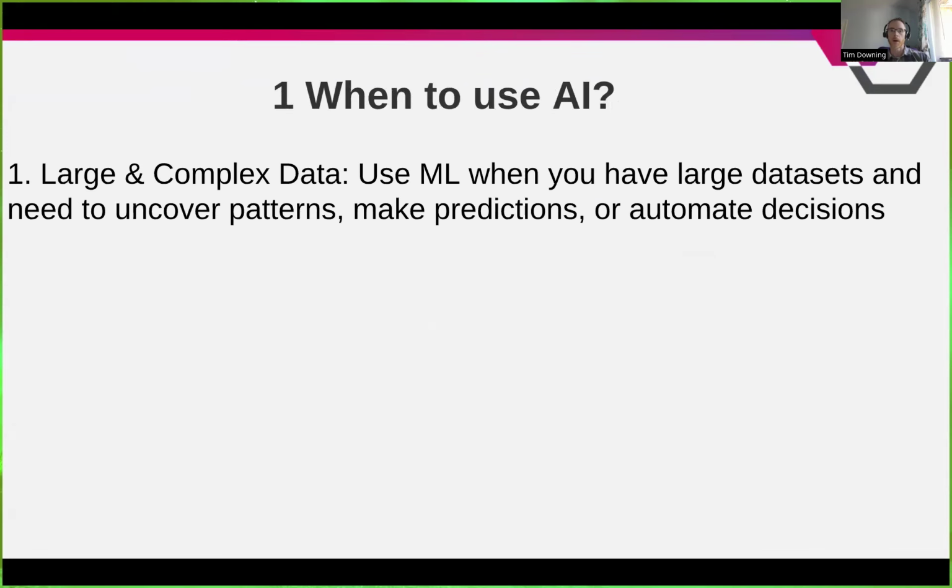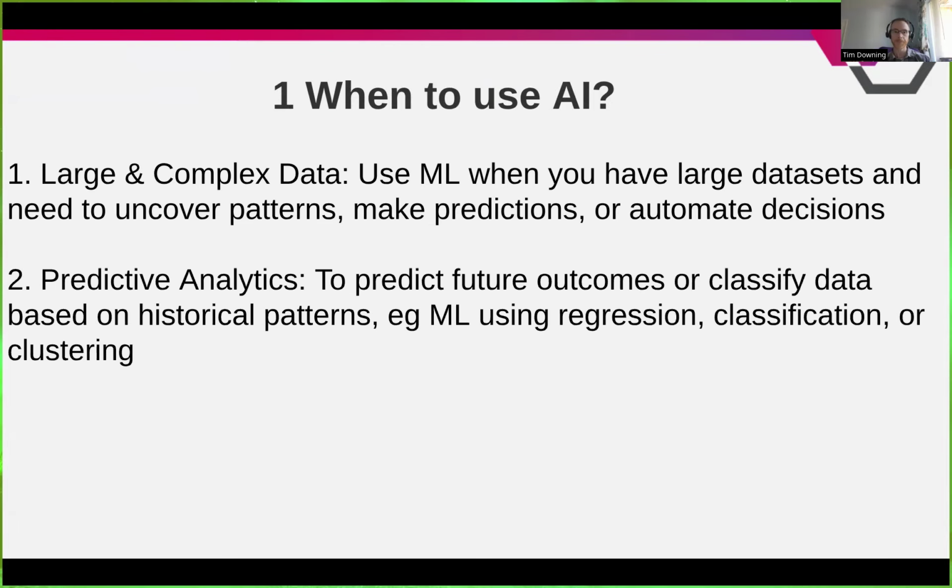Okay, so when to use AI, we're looking at where we have a large and complex data set. Here we have a relatively smaller, more easy to understand bacterial phenotype data set. Typically we would use AI-related approaches to uncover complex patterns, make predictions, and automate decisions.